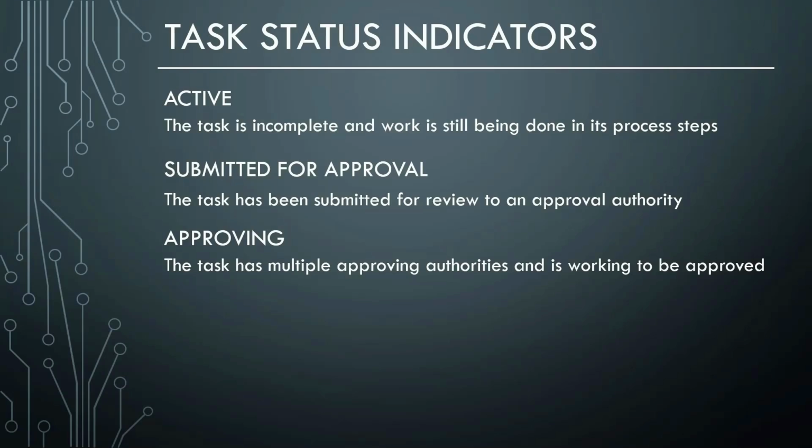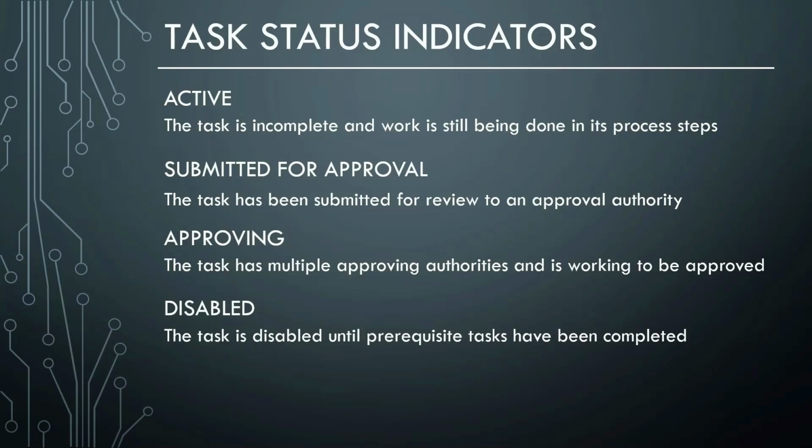When you see the word approving as a task status indicator, this just simply means the same as submitted for approval. You are just waiting for a review by an approval authority. During approving, all of your sub-process steps are also locked and can no longer be edited.